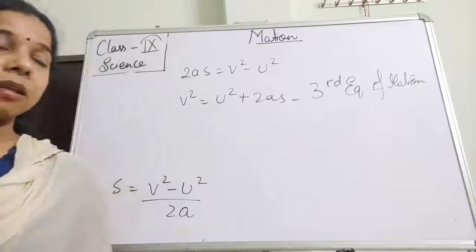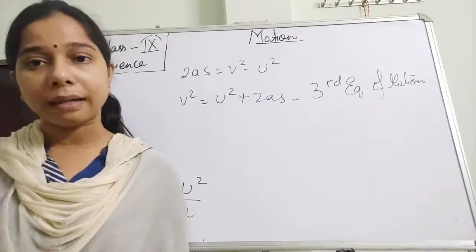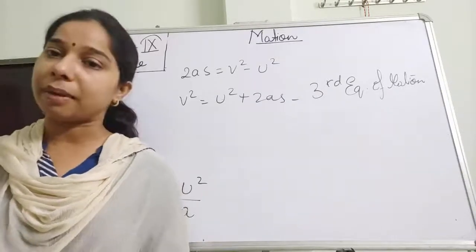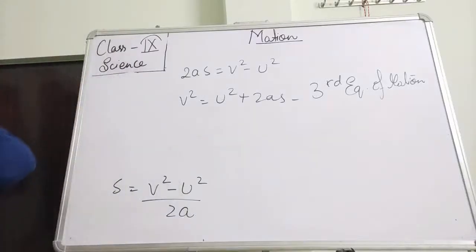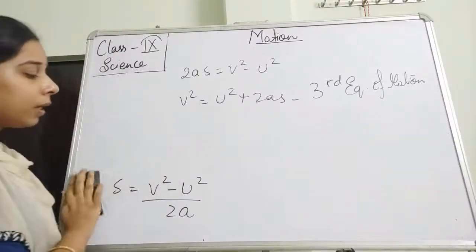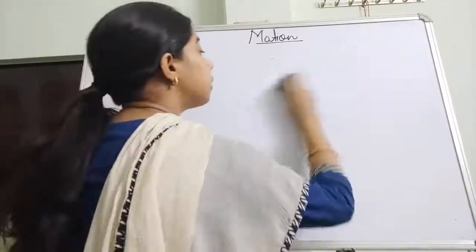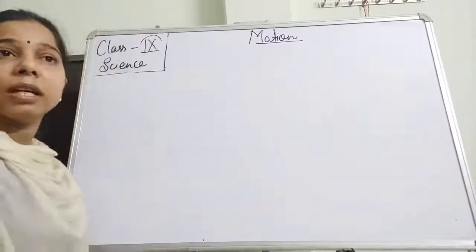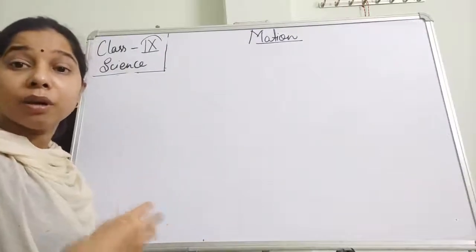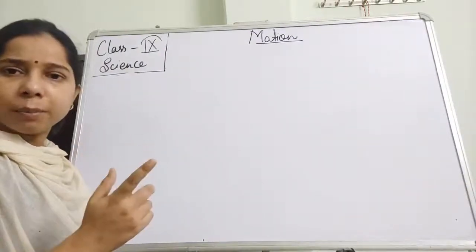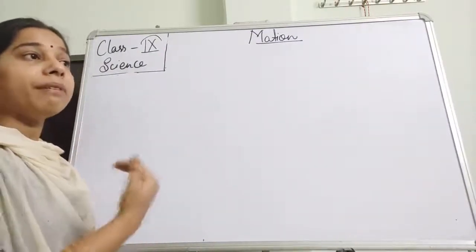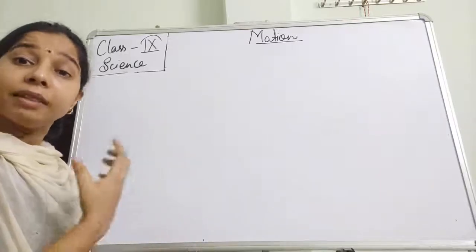Now let us try to solve some of the numericals which are based on these three equations of motion, students. It's quite important. Even when you go further in this same chapter, students, we will study about the graphs. That is a very important topic, and we will also derive these equations with the help of the graph.